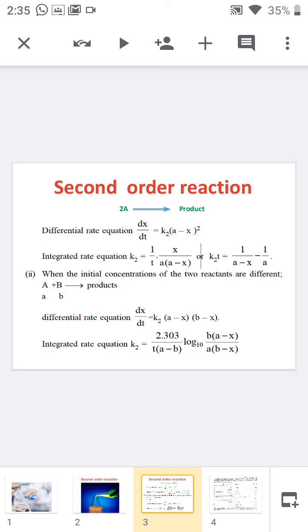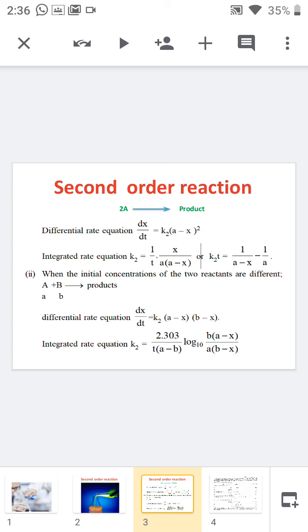Whereas before rearrangement, we get K2 into t equal to 1 by (a minus x) minus 1 by a. This is the integrated rate expression for the second order reaction having only one type of reactant, and we are considering 2 moles of reactant A in the chemical reaction.